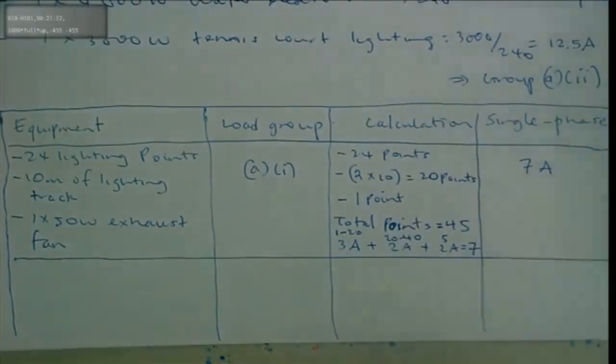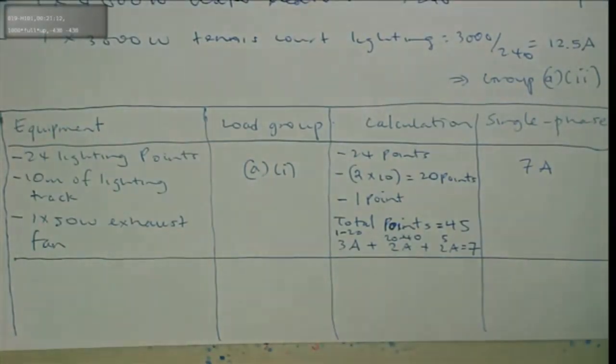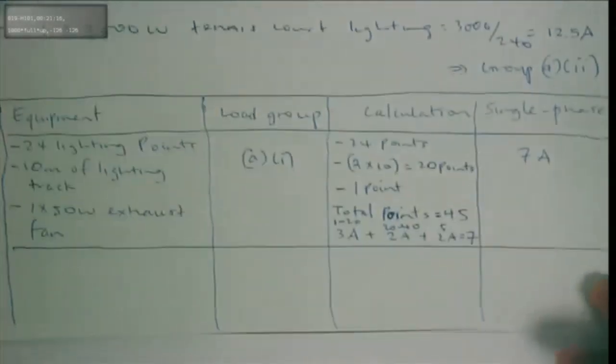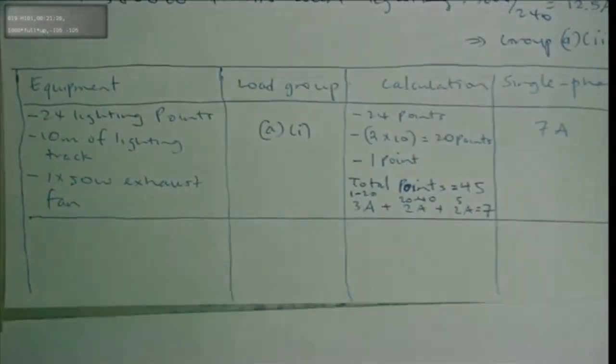The next load is group B1. So let's just look up all the equipment that we labeled as group B1.